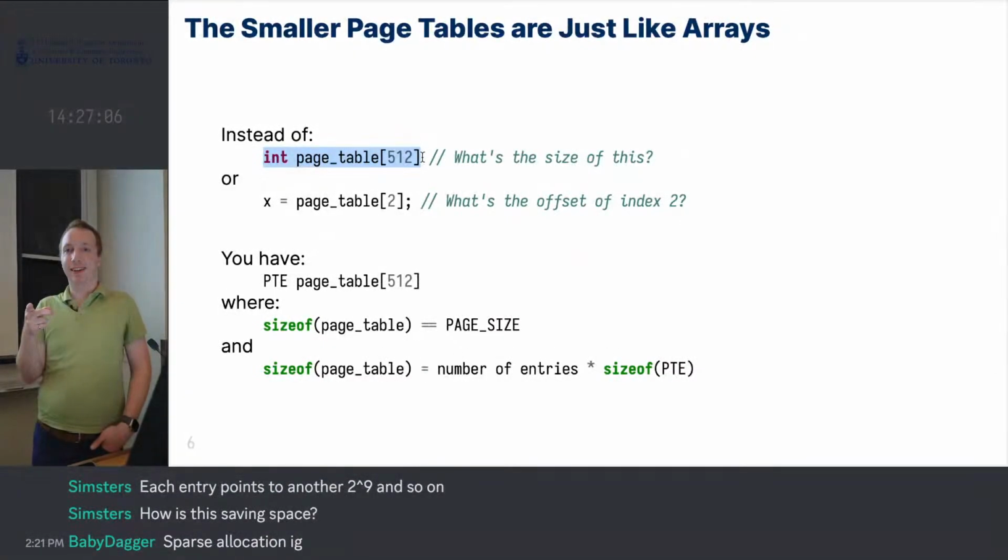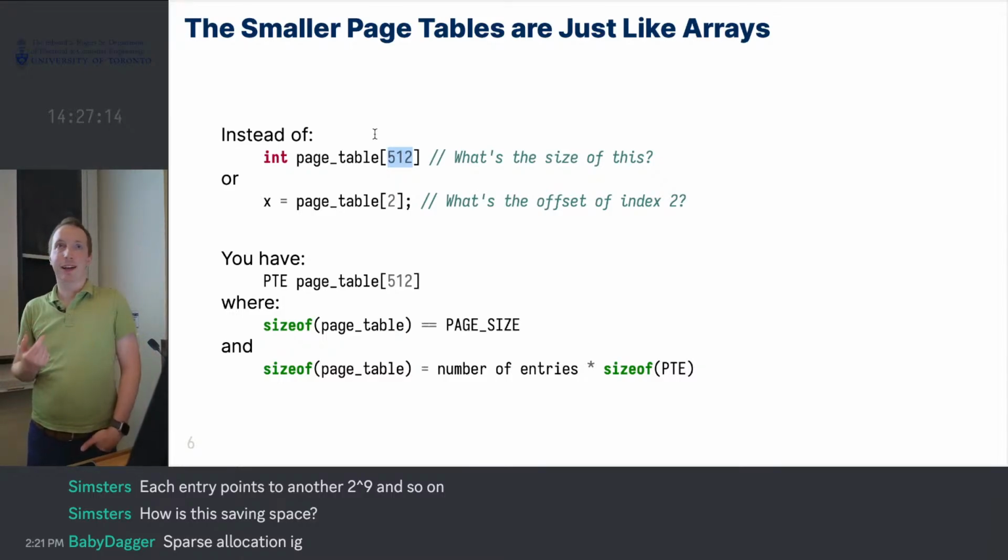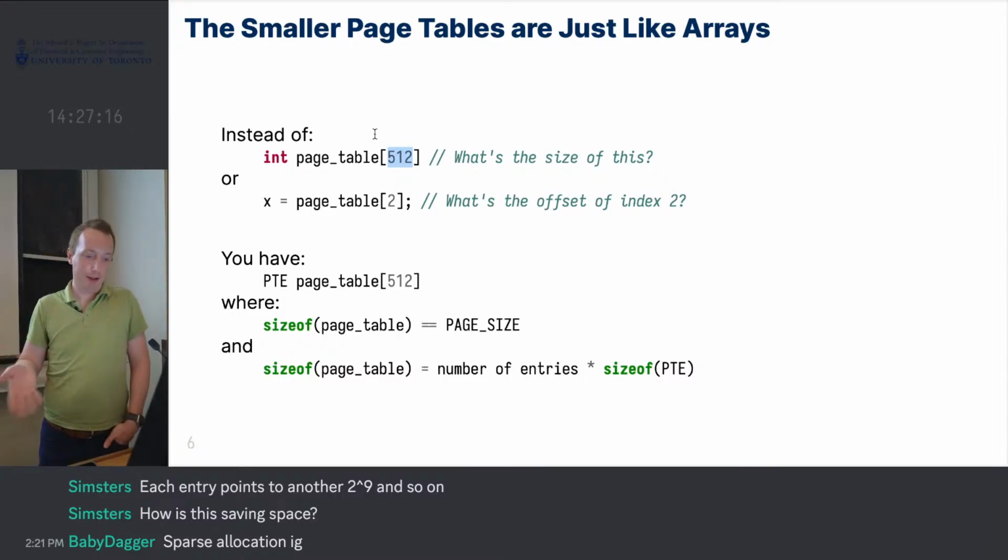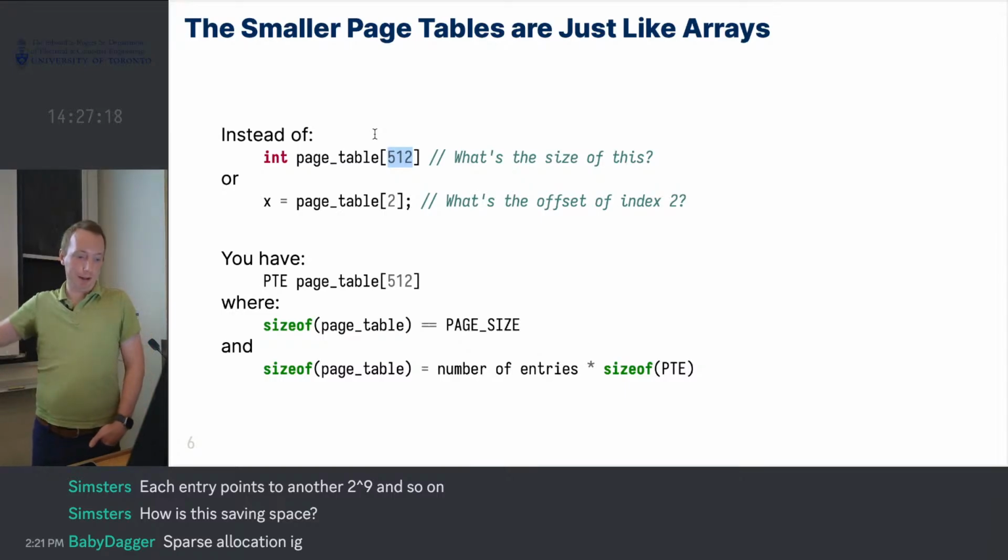How big is an int? 4 bytes. Yeah, an int is 4 bytes. So what is 4 times 512? 2048. Yeah, 2048. So this is just 2048 bytes.